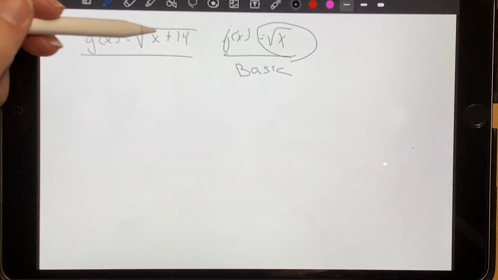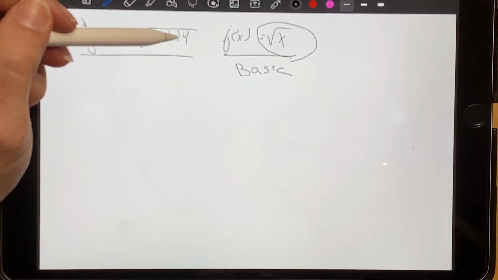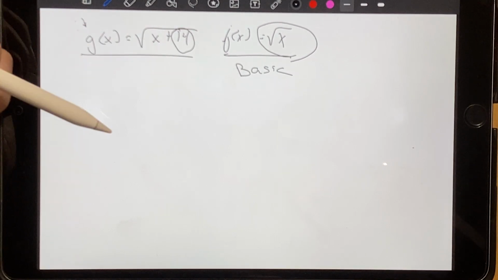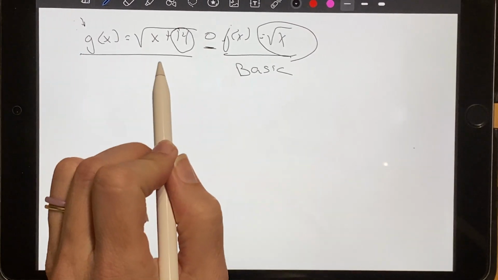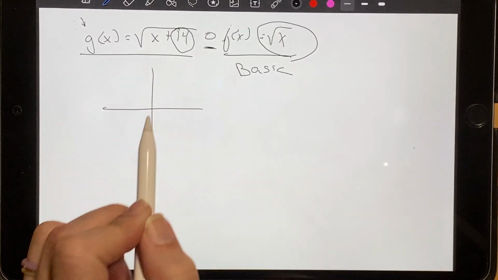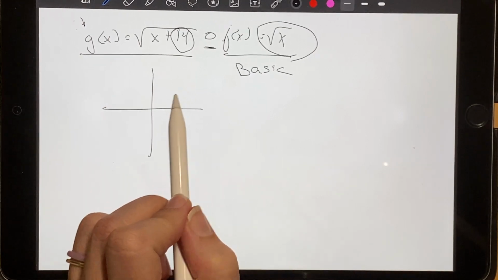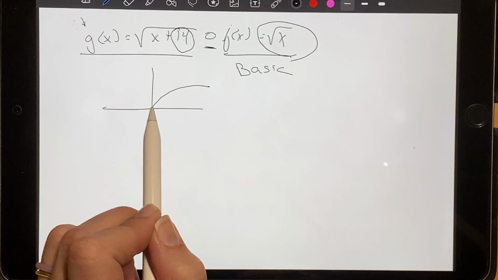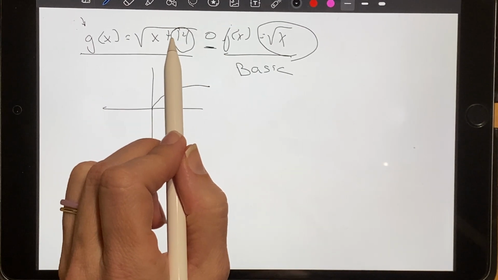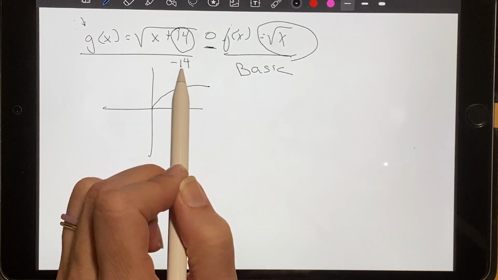Okay, so how do we go from our basic to this new G? Well, we would look at it and we would say that we've added something to the X, but we've not added anything out here. So my entire graph from what I've originally started with is just going to be moved backwards. Remember, if the 14 is positive, it's going to now be -14.